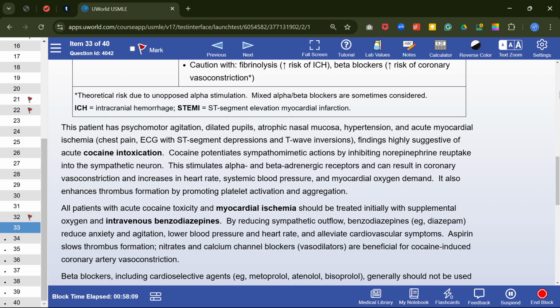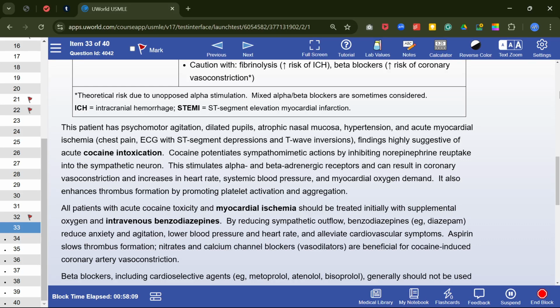It also enhances thrombus formation by promoting platelet activation and aggregation.